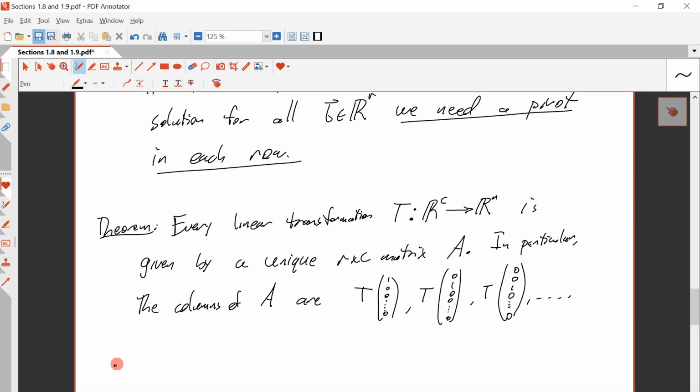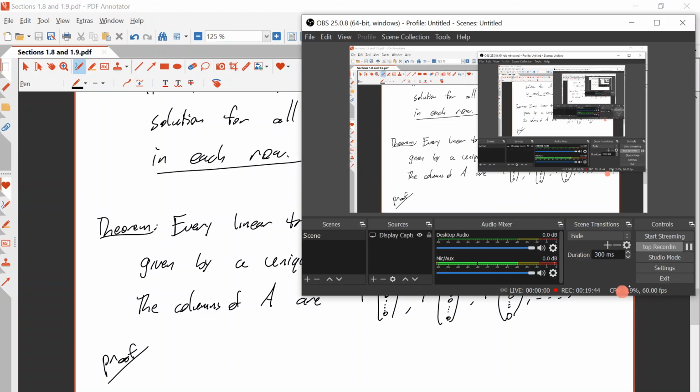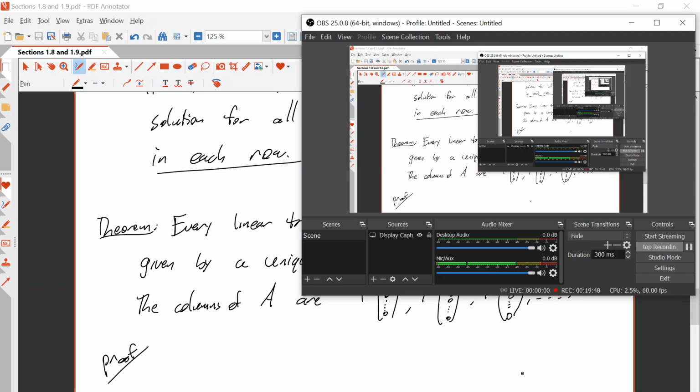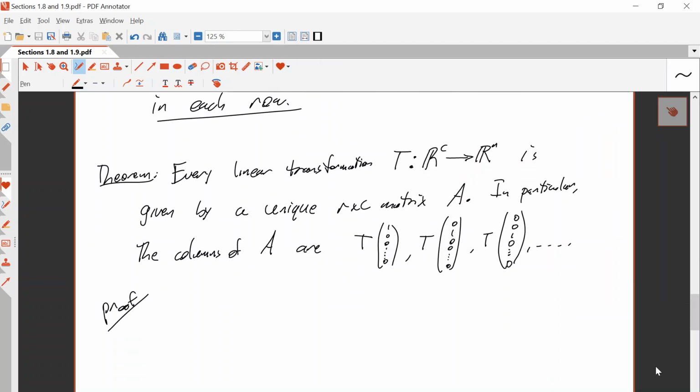Okay, give that a quick proof. All right, so every linear transformation is given by a unique R by C matrix. So let's let C be equal to 4 and R be equal to 3.